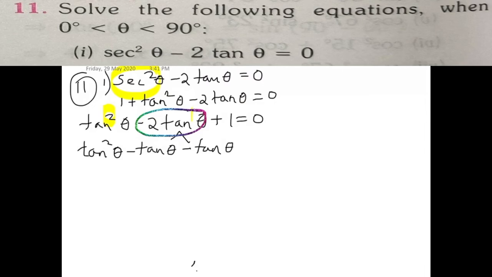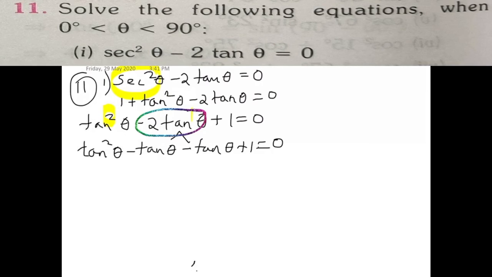Don't forget, minus tan theta minus tan theta, minus and minus is plus, so it becomes minus 2 tan theta. Then let me write the last one, plus 1, equal to 0.